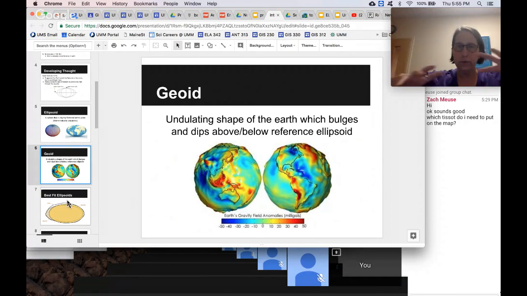And so geodesists create these models in computers that, as best they can, approximate the shape of the Earth. There are lots of different geoids. There are lots of different kinds of models, and we're going to use different ones depending on the kind of maps that we're making. So this lumpy ball is called a geoid.